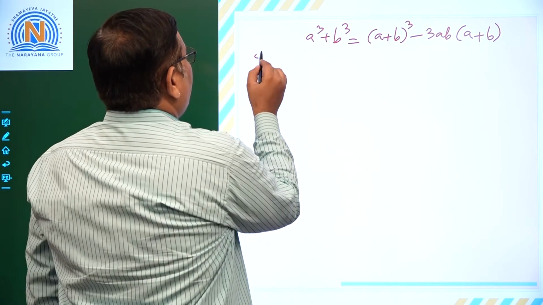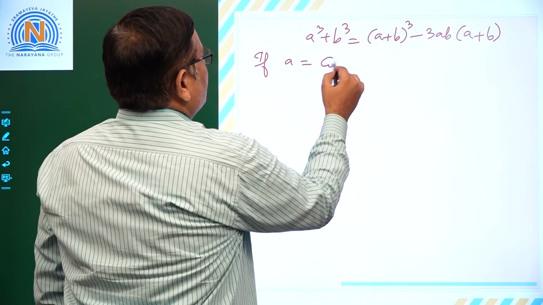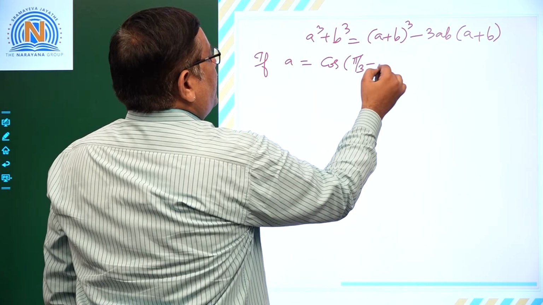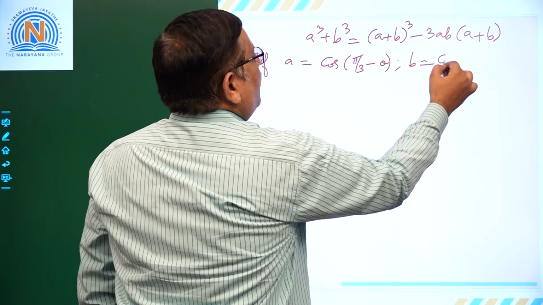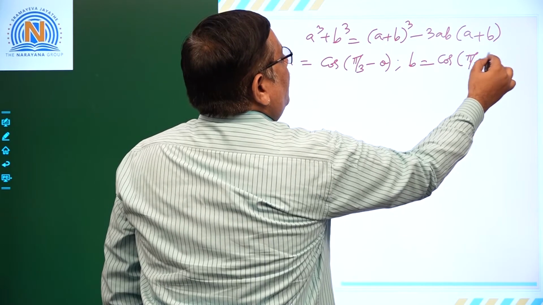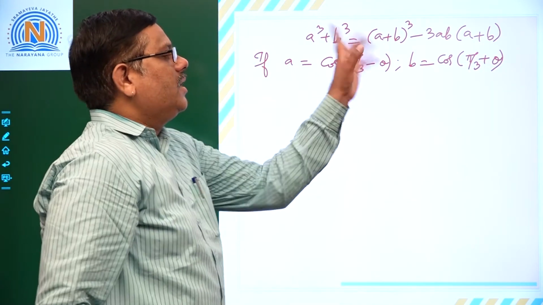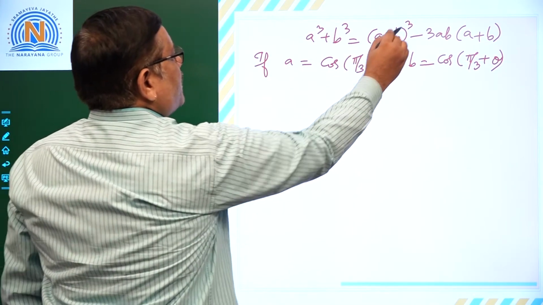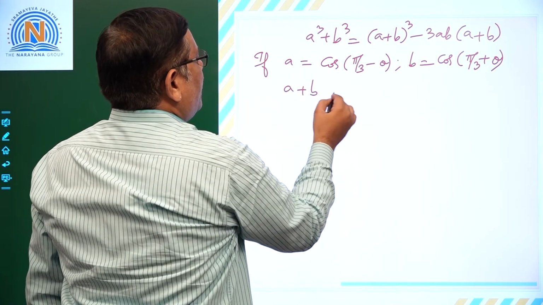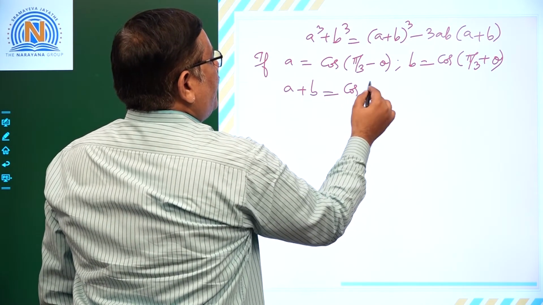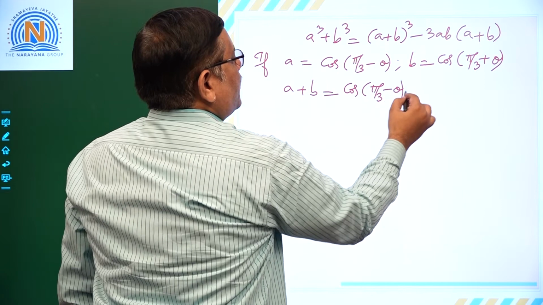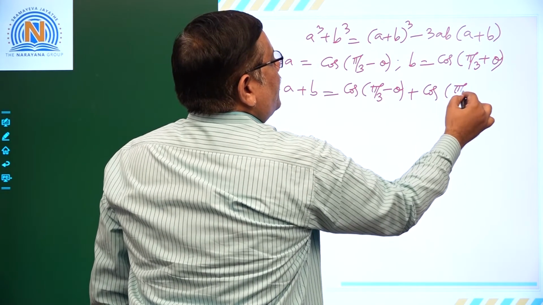If a is cos of pi by 3 minus theta and b is cos of pi by 3 plus theta, how does the result change? First let us find a plus b. What is a plus b? Cos of pi by 3 minus theta plus cos of pi by 3 plus theta.